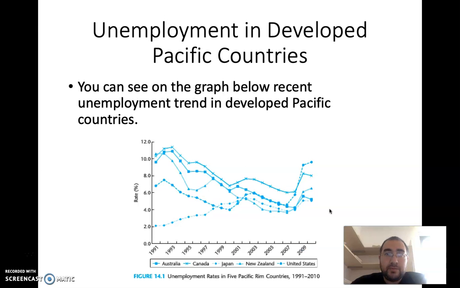Okay, now unemployment rate for different countries. Here, the most interesting case is Japan, which starts at 2% and then increases to 4%. In Japan, mostly people were finding jobs right after high school, and they usually stayed in a single job for their whole life.